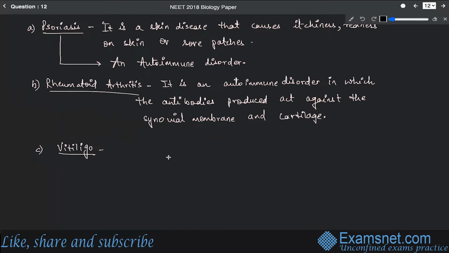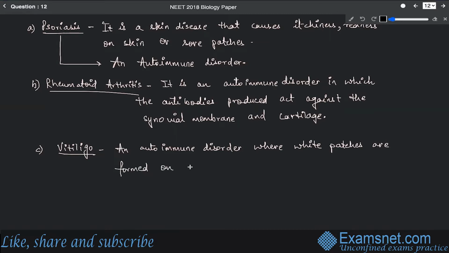And this is also an example of an autoimmune disorder, where white patches are actually formed on the skin.